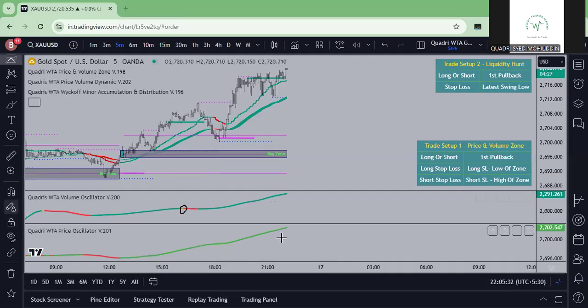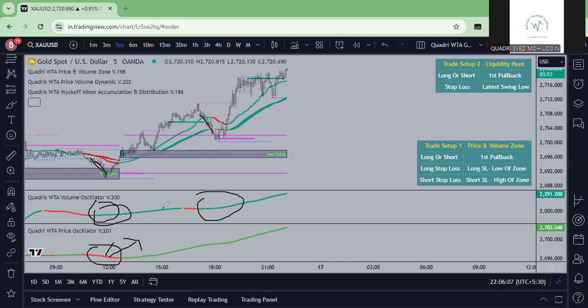Many students will have a doubt: we are seeing the green color, but price is coming down. Here also we can see the green color. Here the price oscillator is turning red because the prices are coming down. If there is high volume behind bringing the market downwards, then this would be green and this would be red.